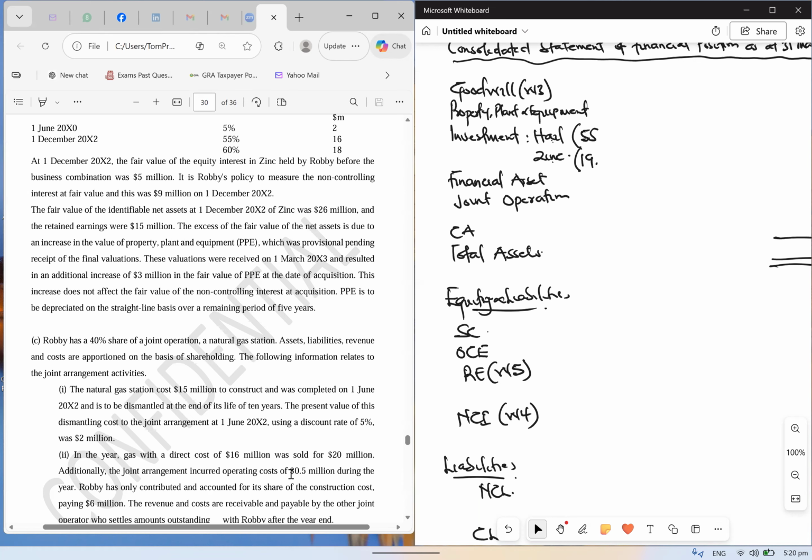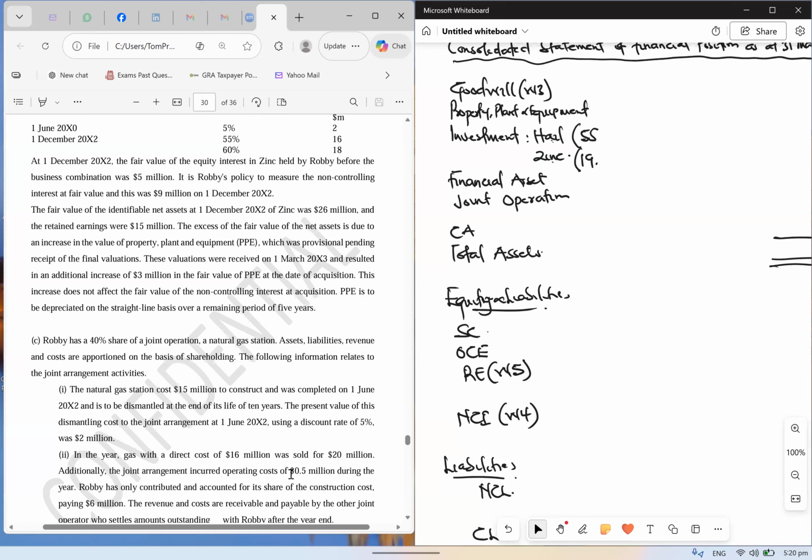These valuations were received 1st March 20X3 and resulted in an additional 3 million increase in the fair value of the PPE at the date of acquisition. This increase does not affect the fair value of NCI at acquisition. So be mindful of that.